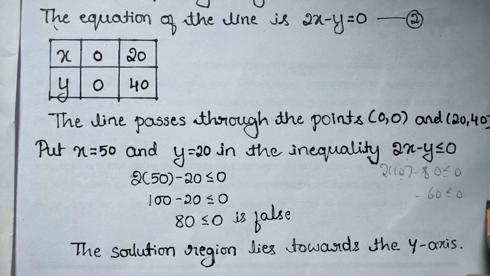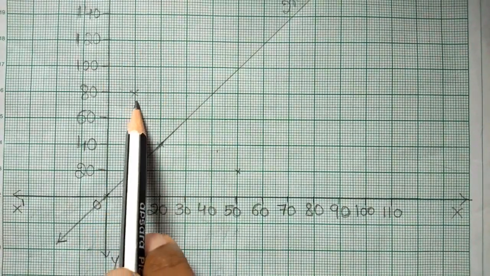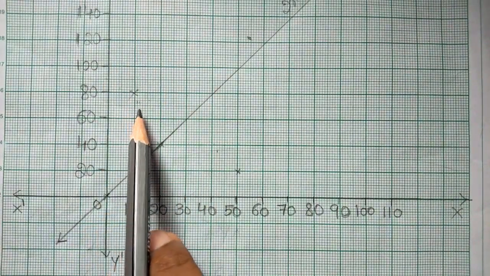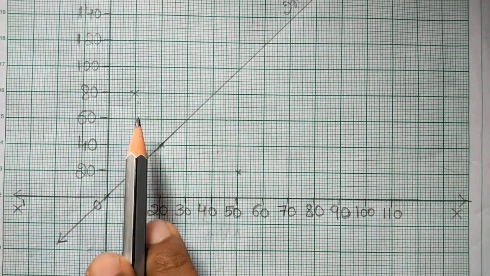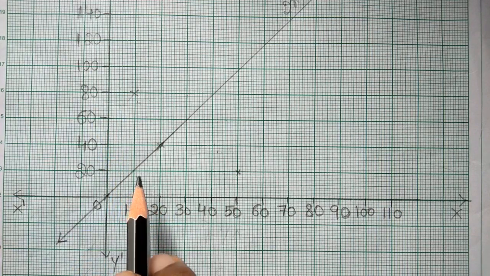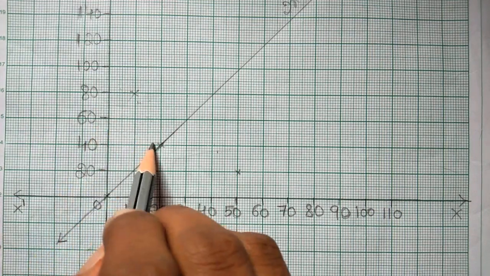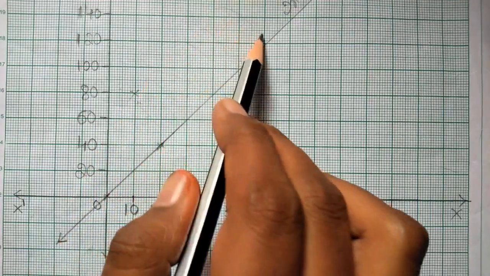This point satisfies the inequality. Then the region containing this point will be the solution region, and you can say the solution region lies towards the y-axis. Now I'll mark the solution region for this inequality. The solution region lies towards the y-axis.